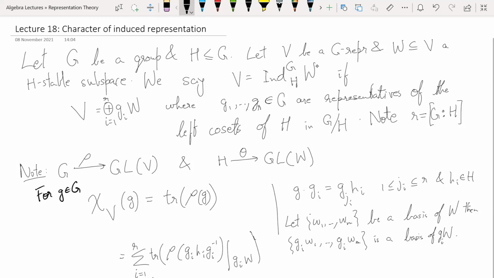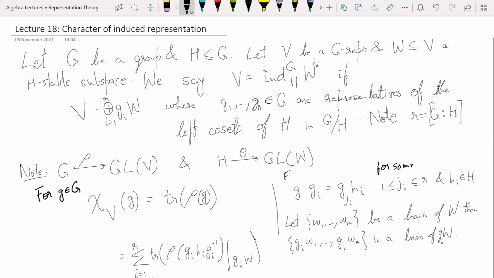So it will be some left coset, let's say g_j. So j is going to be between 1 and r, and h_i you can then determine by taking g_j inverse on the left. So g dot g_i is g_j times h_i for some j in 1 to r and h_i in H.